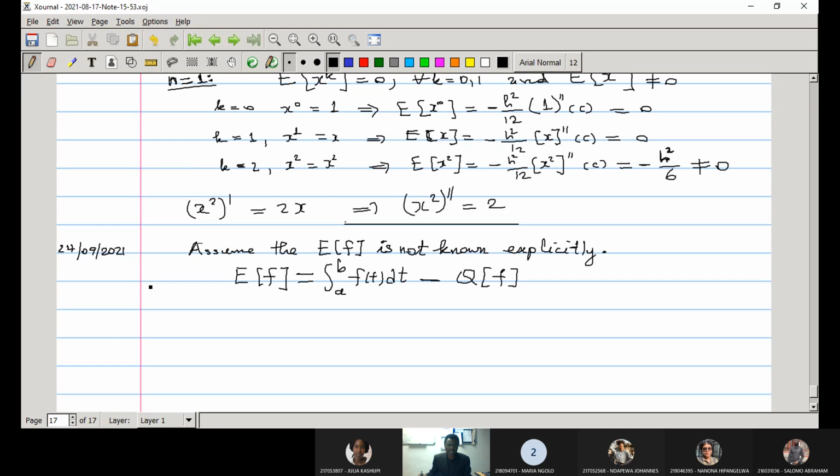So we can write that E of x to the k is equal to the integral, which we can always perform.